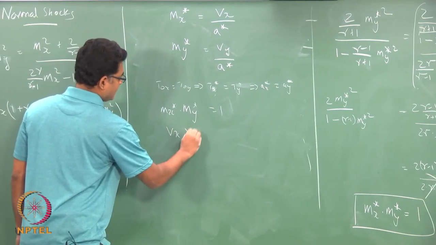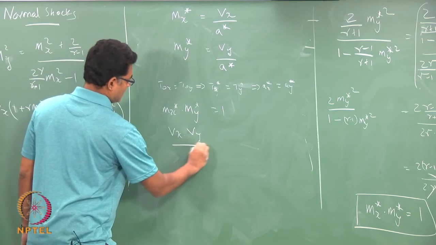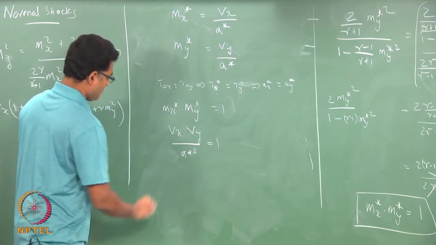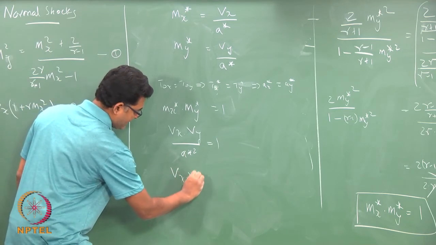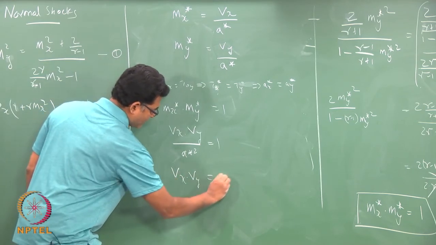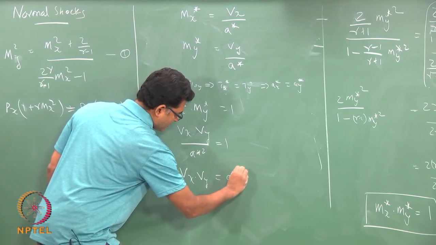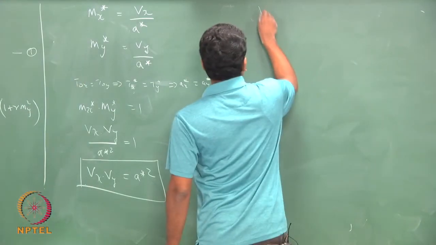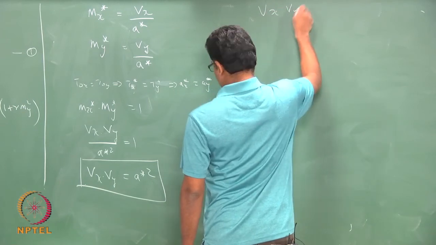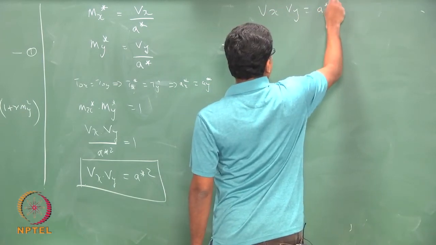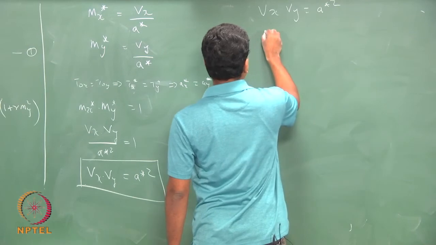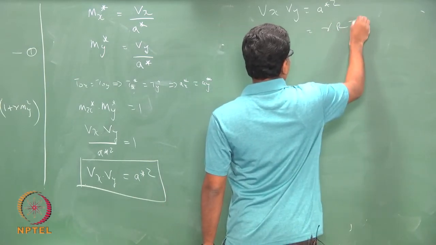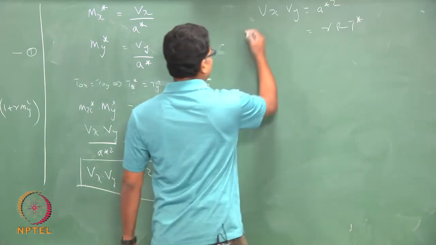So Vx into Vy by Ax square is 1. Or if I multiply the velocity before and after the shock, I should get this. So now I have Vx into Vy equals Ax star square, which is nothing but gamma R T star. Okay.